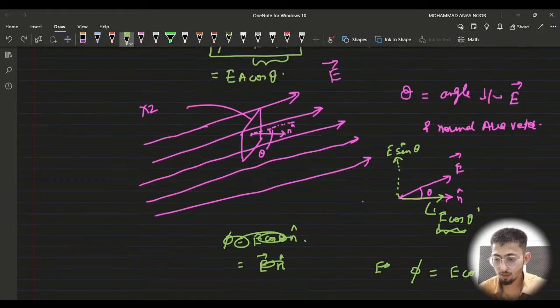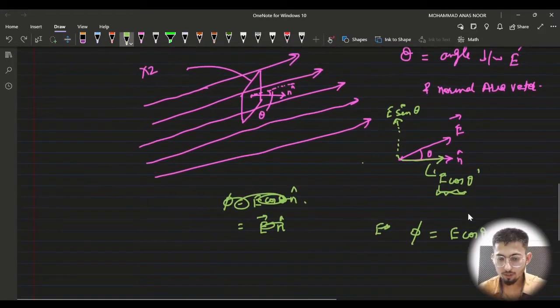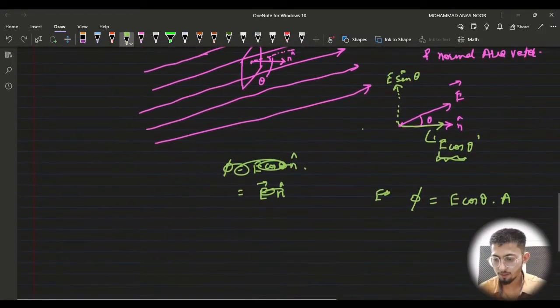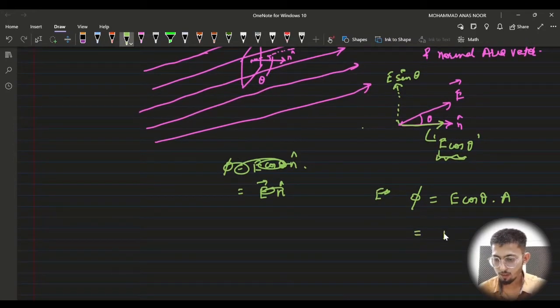I wrote A earlier, not S. And what is EA cos theta? It is E dot A itself, the dot product. E dot A is EA cos theta.